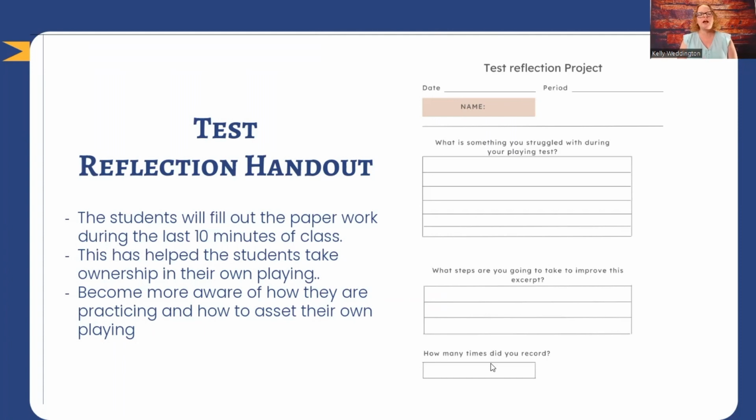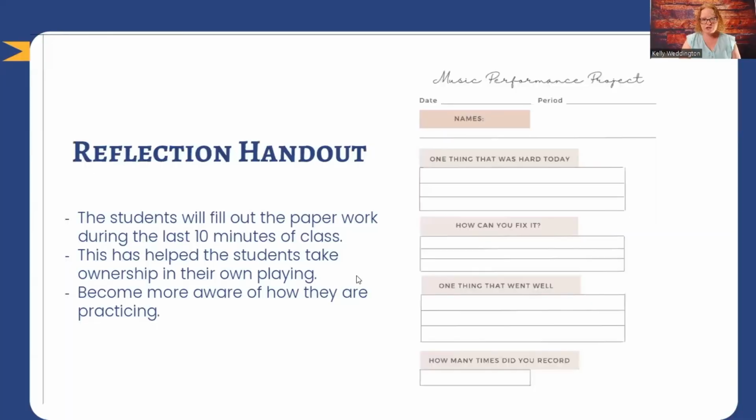So when I do this in class, I'll have the students do the last recording in the last 10 minutes, and they'll fill out the reflection form and turn it in because I'm trying to get them to take more ownership. And this has helped guide them along the process of being more critical in their playing as well. So I have the test reflection project, and I do have the music performance project.